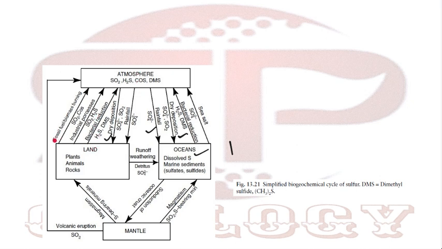First, fossil fuel and biomass burning. During fossil fuel or biomass burning, it releases sulfur. A similar thing also happens in industrial processes, because industrial processes produce more SO2 and H2S.